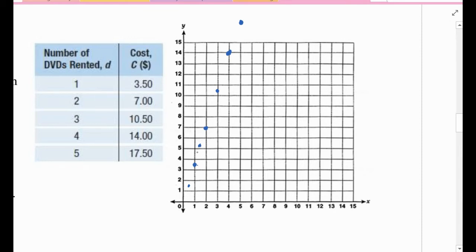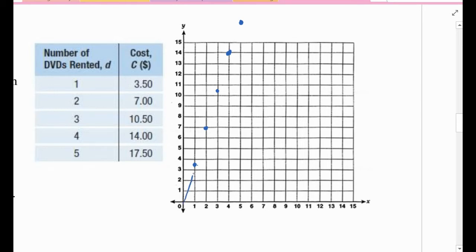If we can put more points in between 2 points. But it does not make sense to rent a half DVD or like 1.7 DVDs or 1.8 DVDs. So we cannot put any more points other than the whole number points. So it does not make sense to join the points.